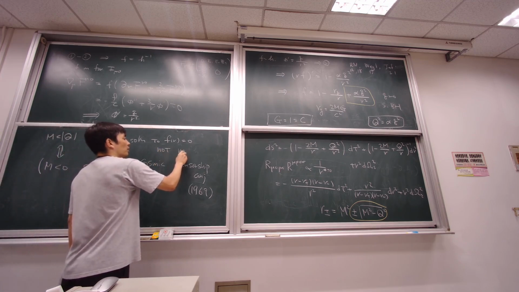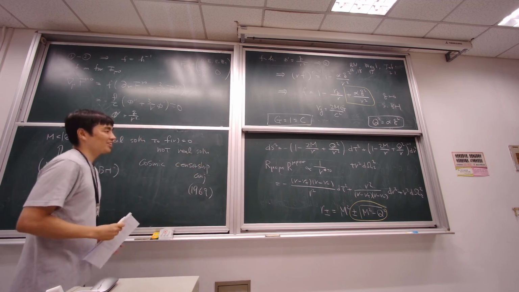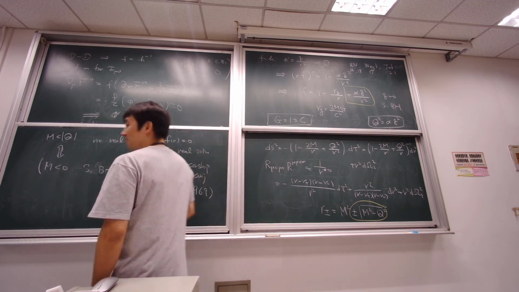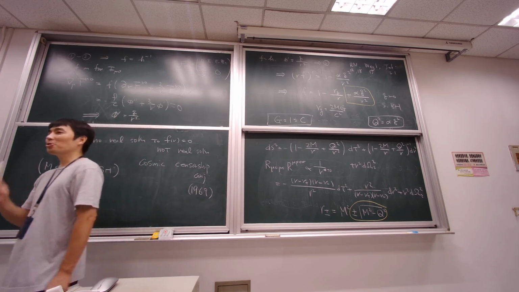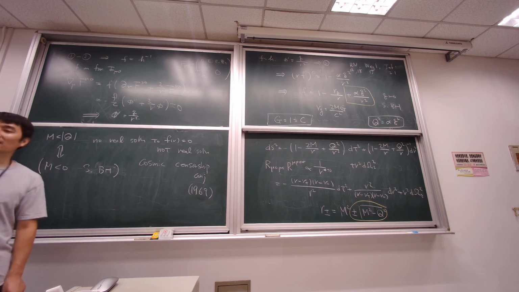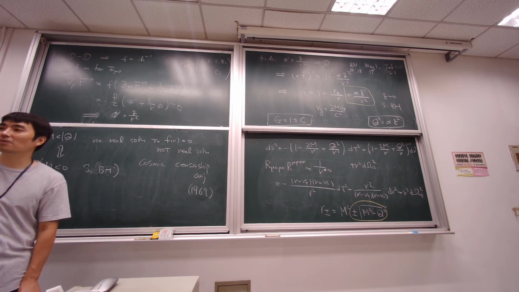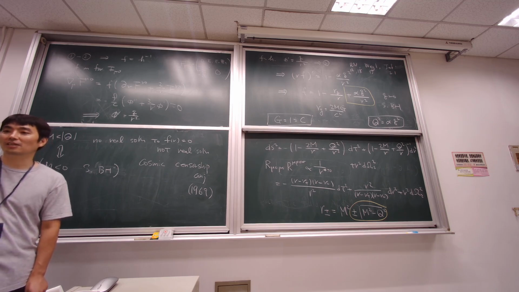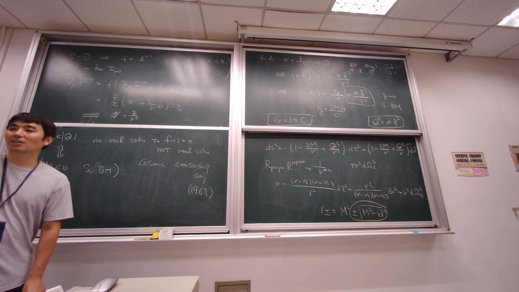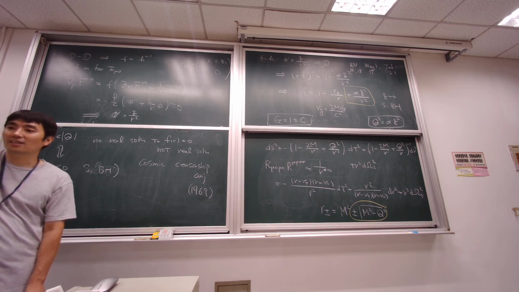So this is not the real solution. But I have to mention one thing: the Reissner-Nordstrom black hole is believed not to exist. What are the reasons? It is believed that the Reissner-Nordstrom black hole does not exist in nature, because you don't have bodies with a high electrical charge in nature.